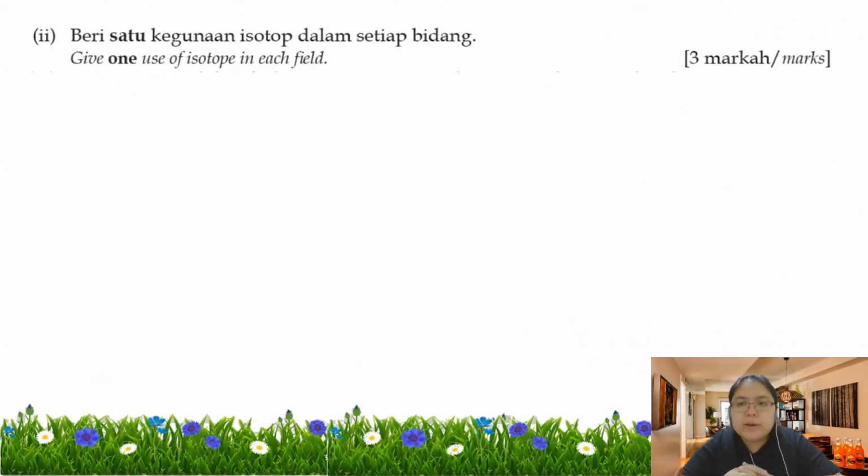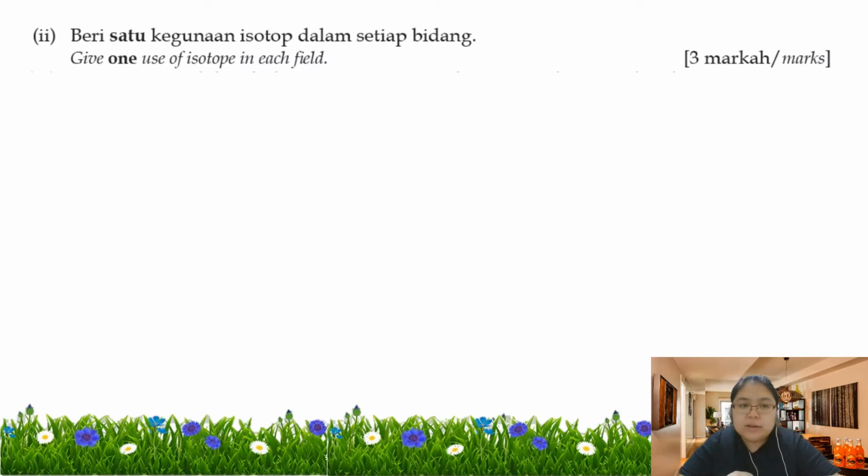Okay, the second question is 3 marks. So you need to create your own idea. They want you to give the use of the isotope for every field. So we got medicine, we got agriculture, and after that, food technology. The first one, we talk about medicine. Remember just now you did the structure question. You can say iodine, because just now you learned about iodine, for thyroid cancer treatment.